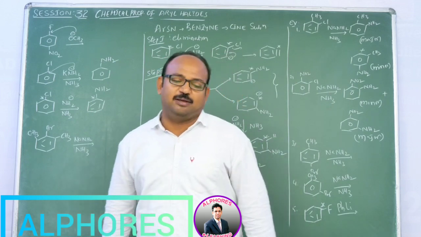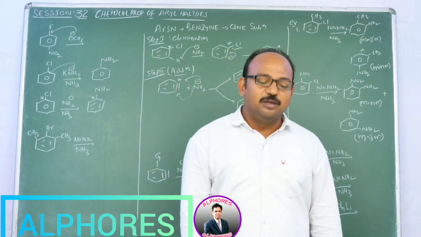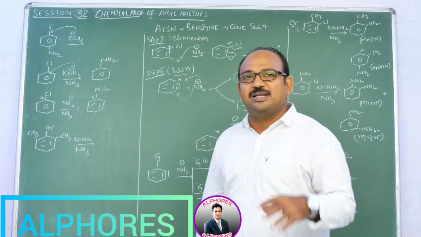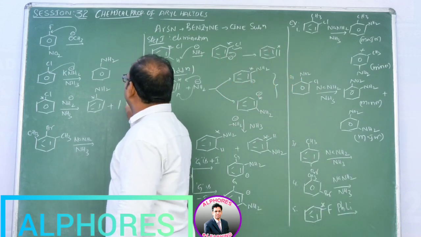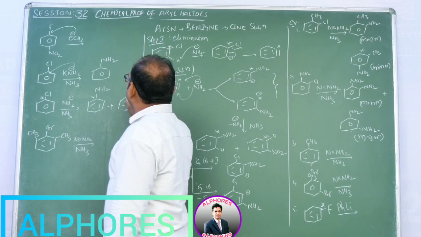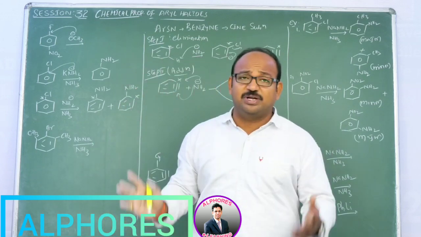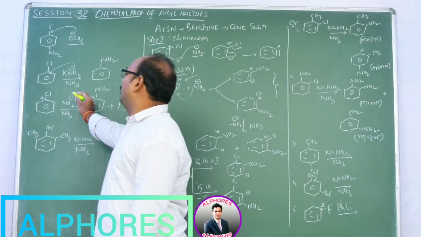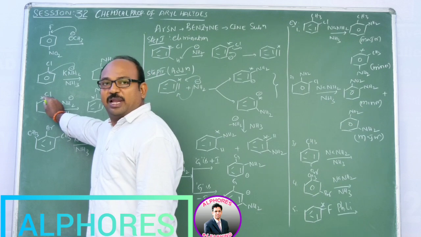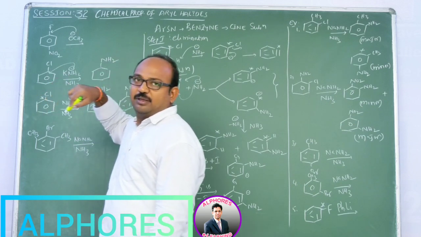But practically our experimental results give slightly different information. That is, in addition to this one, here we are getting this product also. What is the difference? Here NH2 minus comes and attacks the C14 isotope, where earlier it was attached to chlorine.